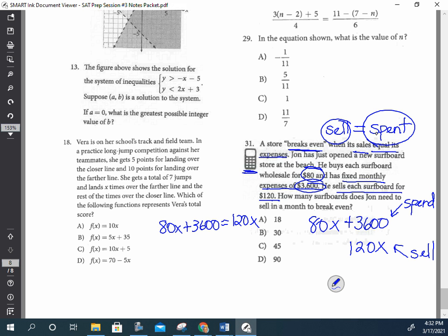So we have our equation. Now we can solve it. So subtract 80x. That's 3,600 equals 40x. And then divide by 40. So that gives you 90.